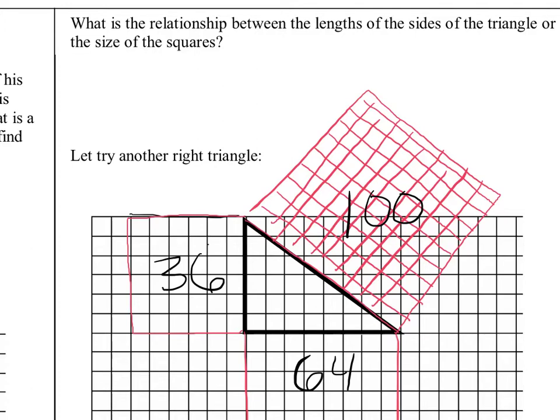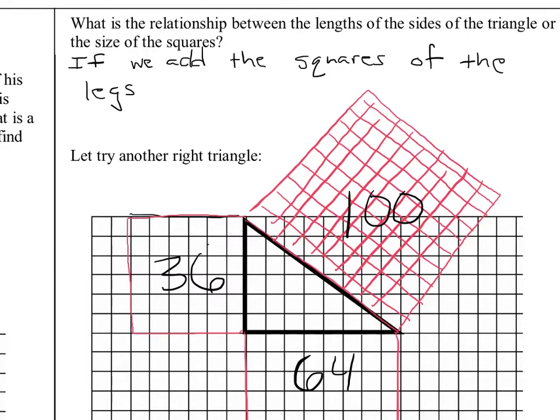If we add the squares of the legs, we get the square of the hypotenuse.